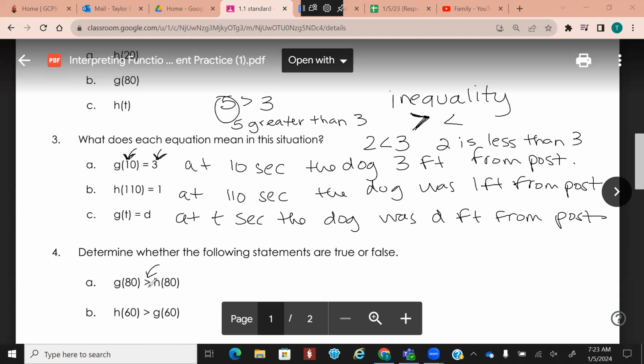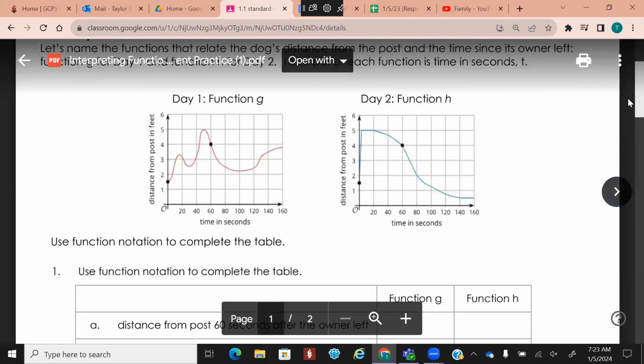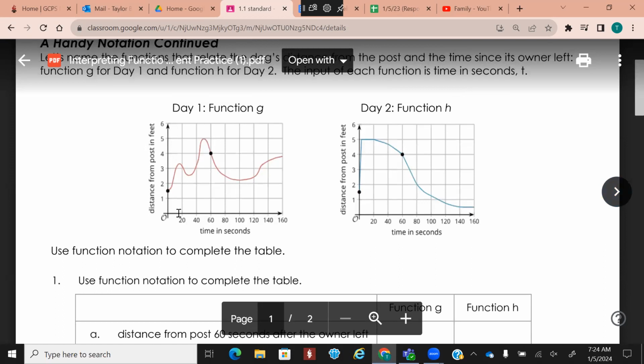All right, good. But over here, we've got g of 80. If we go back to our graph, I'm going to erase all of that junk. If we go back to our graph and we look at where g is, and when x is 80, what's our y value? 2.5.